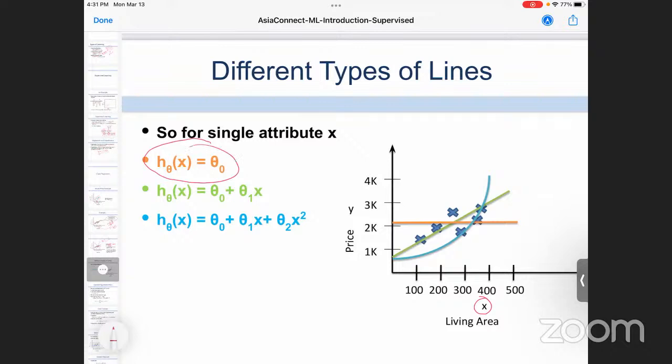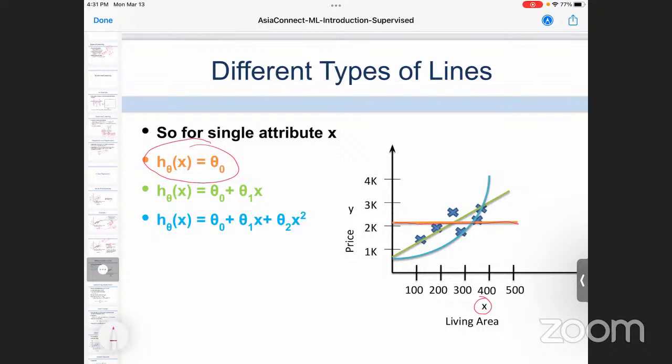What is this? It is independent of X. This is just an axis aligned line. This can be a hypothesis, and using this axis aligned line, you can basically try to best fit the training examples.